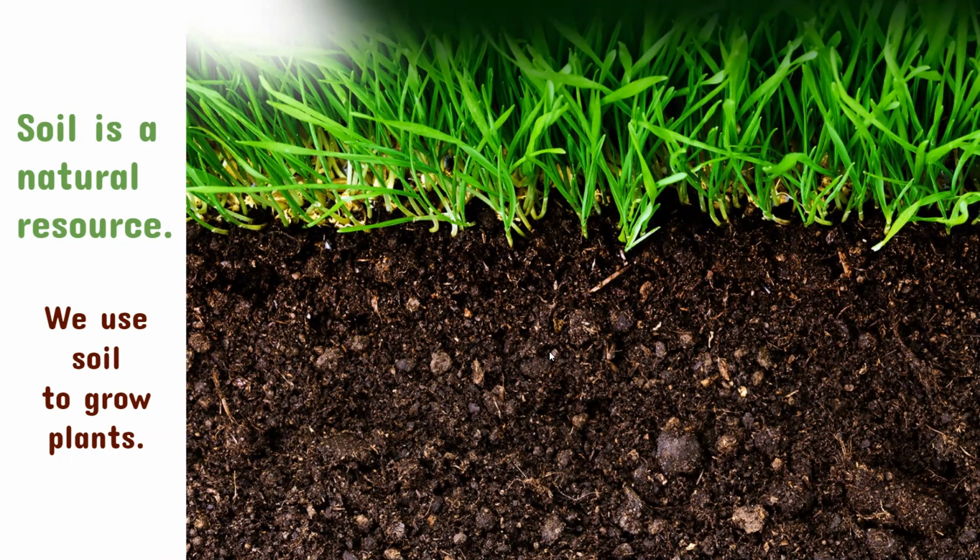And then the roots will take nutrients and water from the soil and move it to other plant parts, right? To the stem, and after the stem to the leaves. Then after that, we will have fruit and we will have flowers, okay?